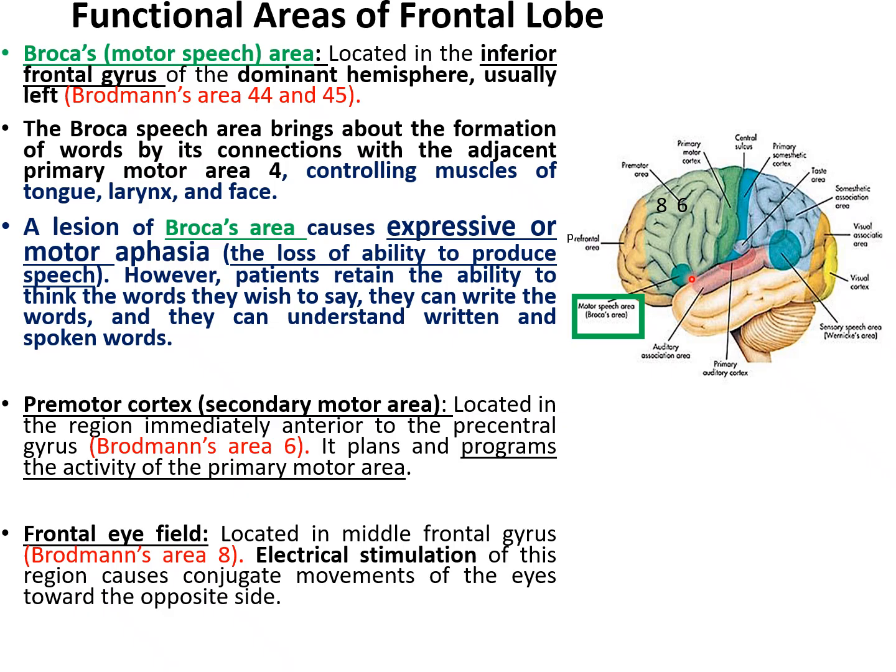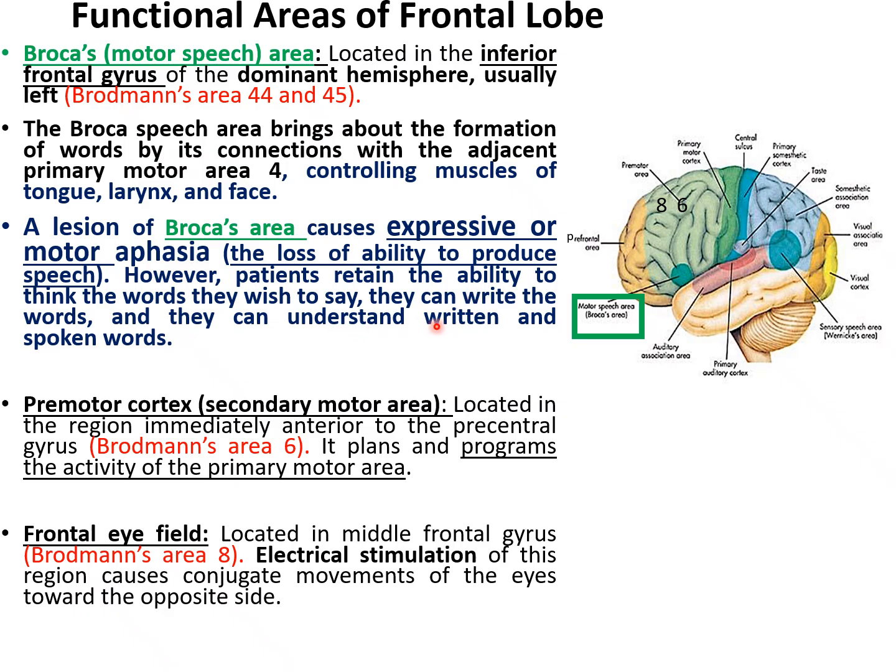This motor speech area, or Broca's area, is important for the formation of words. It means it controls the muscles which control speech, like the muscles of the tongue, larynx and face. Damage to this area results in expressive or motor aphasia, where the patient has difficulty producing speech.